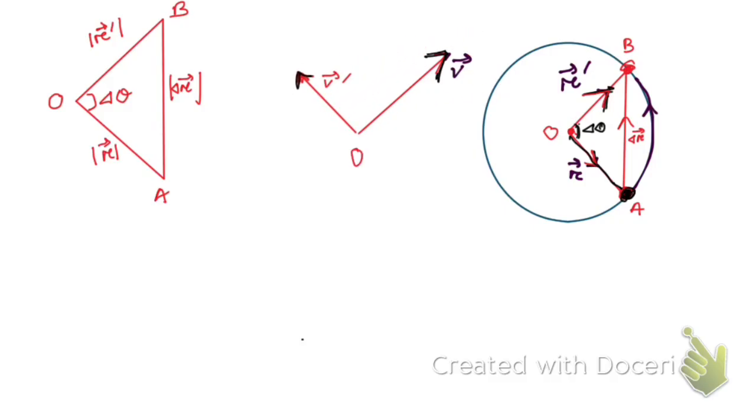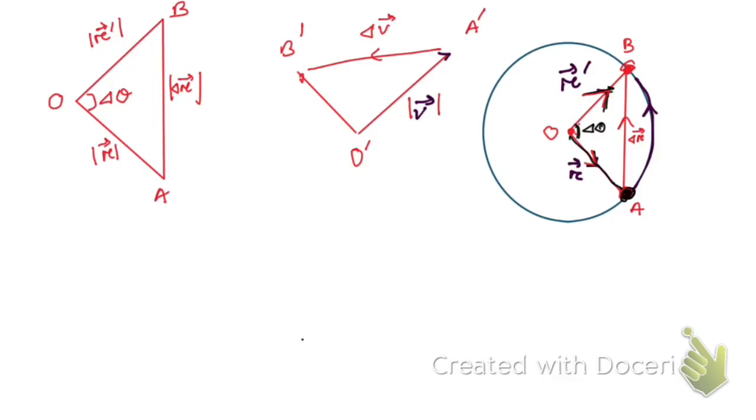Let me call it O dash, A dash, B dash, and this vector will give you the change in velocity, del V. The lengths of the sides of this triangle will represent the magnitudes of the vectors V and V dash.